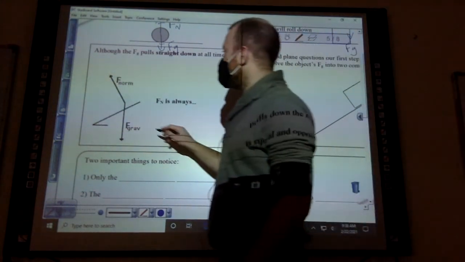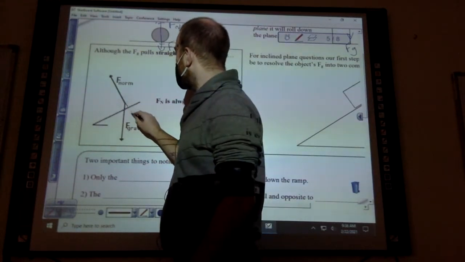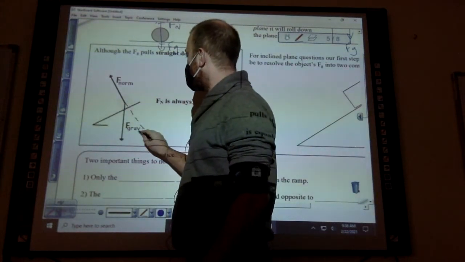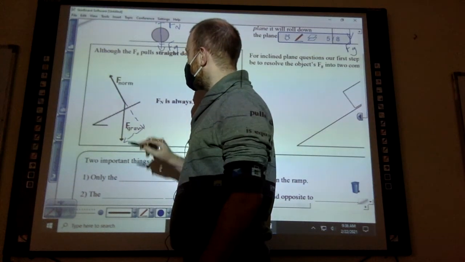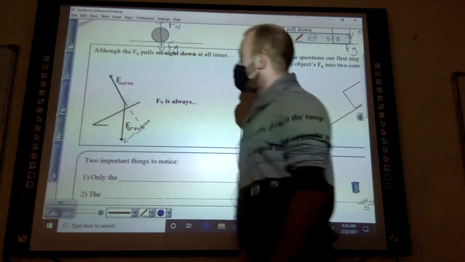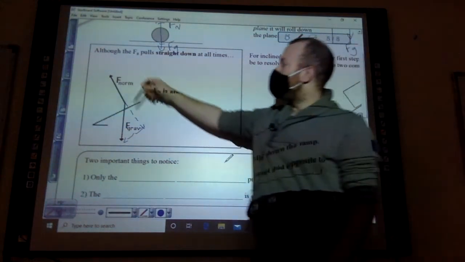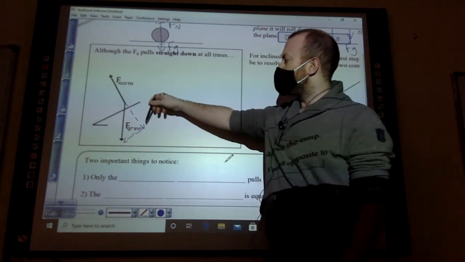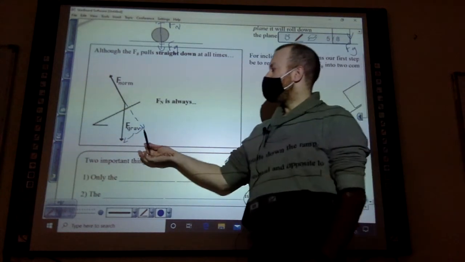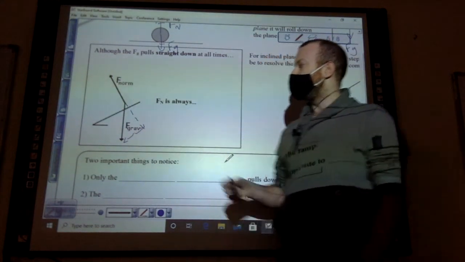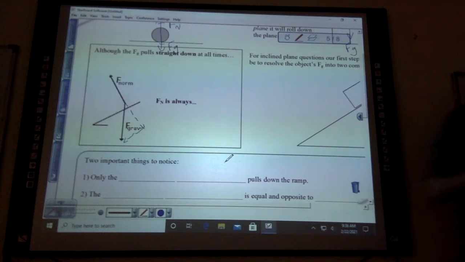So what I'm going to do with this is I'm going to break up Fg into 2 parts. And now my normal force is going to be equal to this portion of Fg, and this part here is going to be parallel to the surface. So this is the confusing part, and this is what we're going to need to adjust.